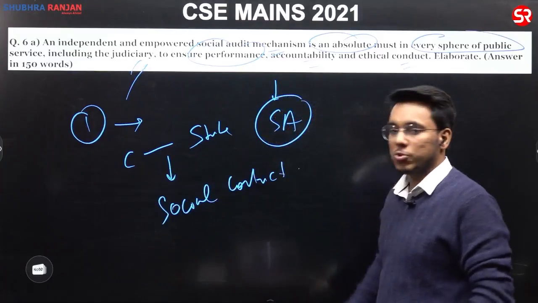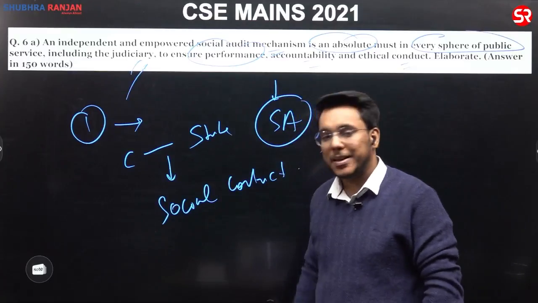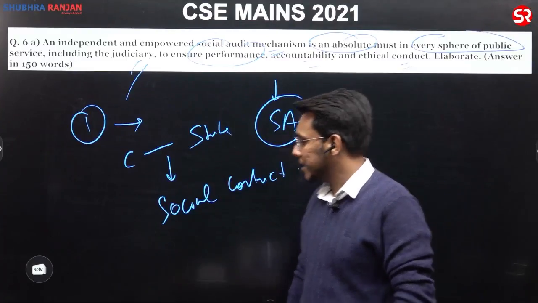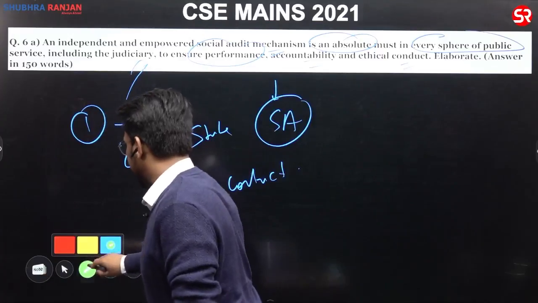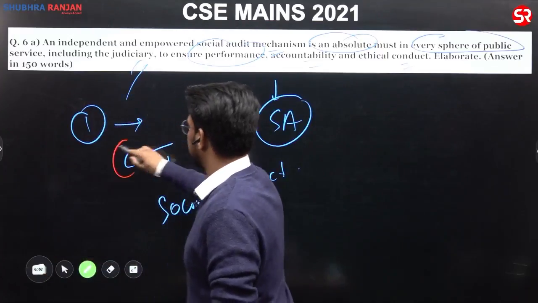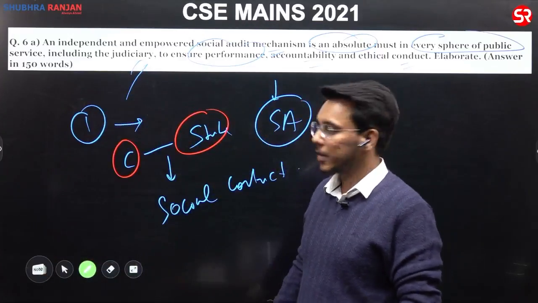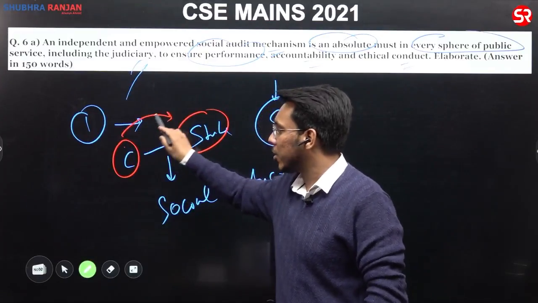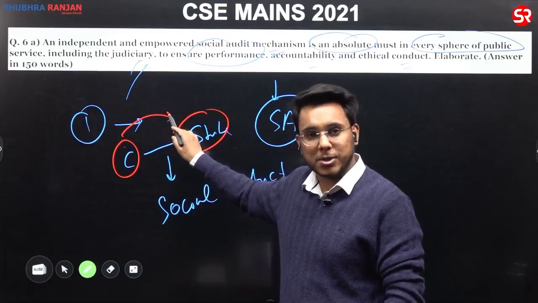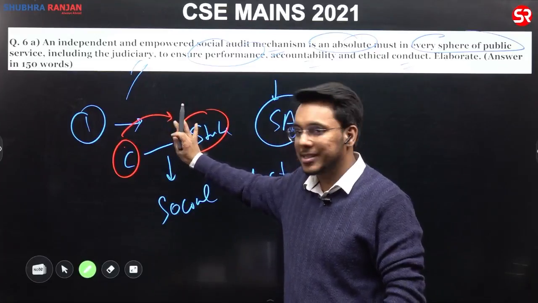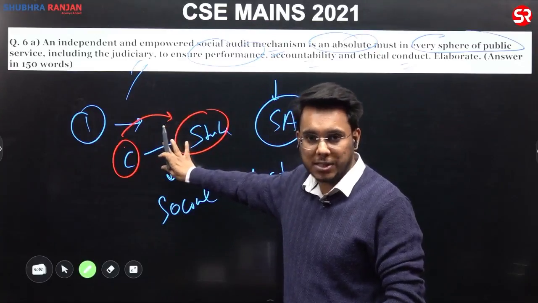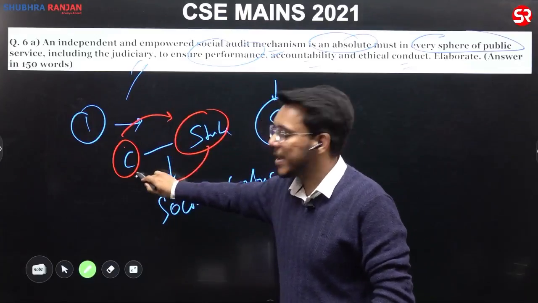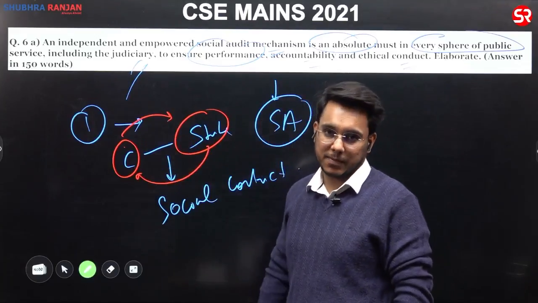Now, what happens as per the social contract? It is believed that there is a binary of relation. On one hand, there is a citizen, on the other hand, there is a state. This binary works in this manner: the citizen will compromise on their absolute liberties and freedom. They will surrender their absolute freedom in favor of the state, and the state in turn will make the laws and give welfare to the citizen.